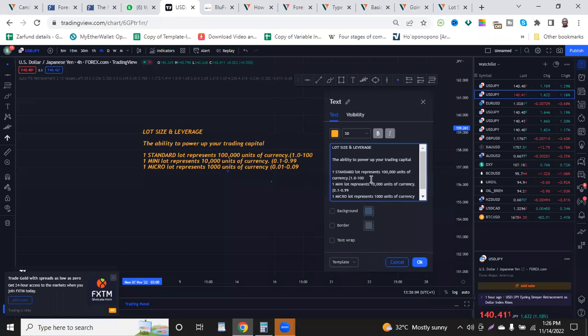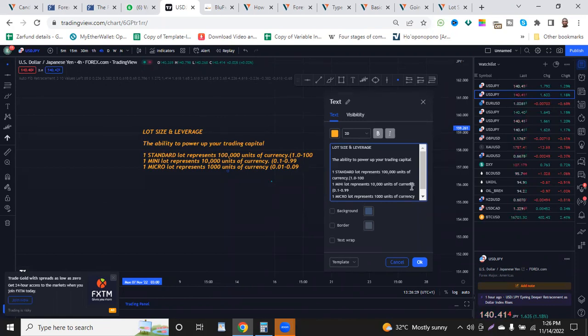A standard lot requires that you have a certain amount of capital in the market to be able to use it, but definitely your profit is going to be higher. It's more like what I illustrated with the Coca-Cola concept. The more money you have, the bigger the lot size that you are able to use.